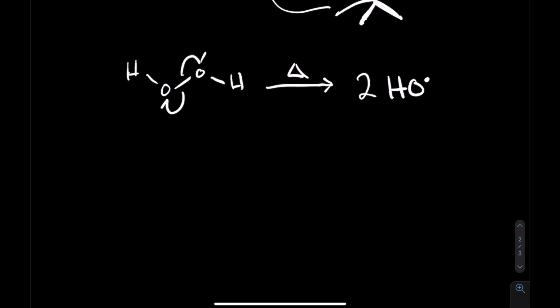Now, in this solution of hydrogen peroxide with HBr, all right, so we're going to throw in some, let's say, HBr, that's our reaction. We will first generate two equivalents of hydroxyl radical.